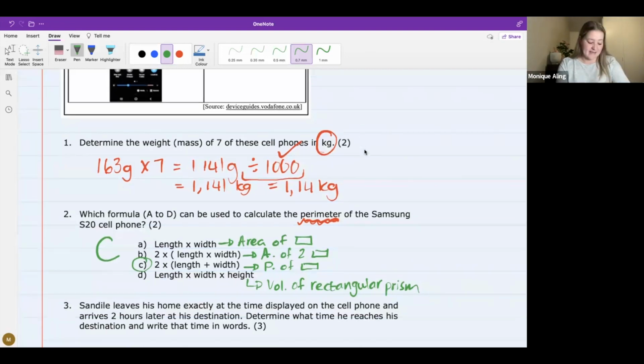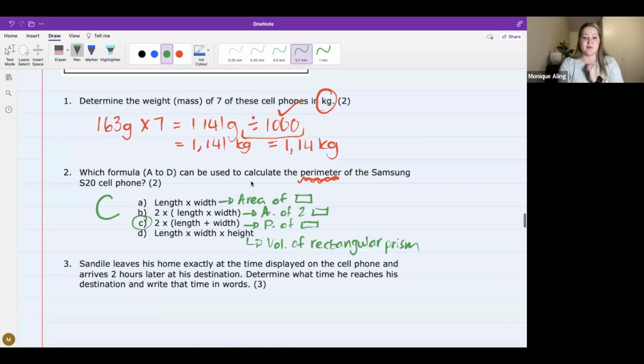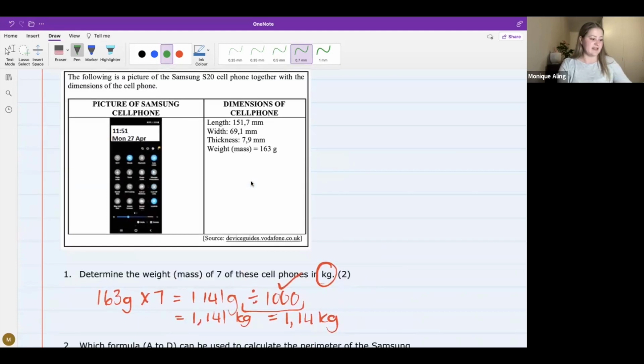Okay. Then let's try this next question, which is also part of measurement, looking at time specifically. Sandile leaves his home exactly at the time displayed on the cell phone and arrives 2 hours later at his destination. Determine what time he reaches his destination and write that time in words. So let's just quickly check the cell phone. There's a time provided to us.